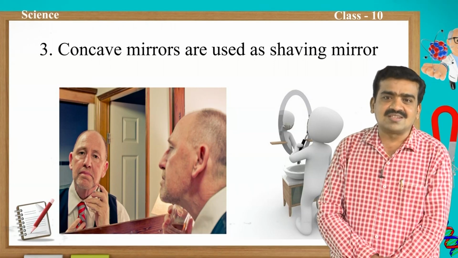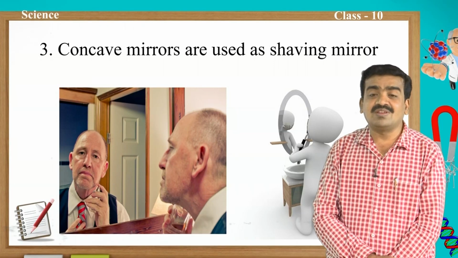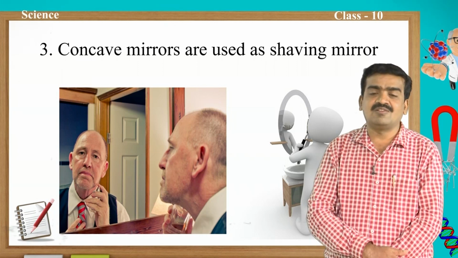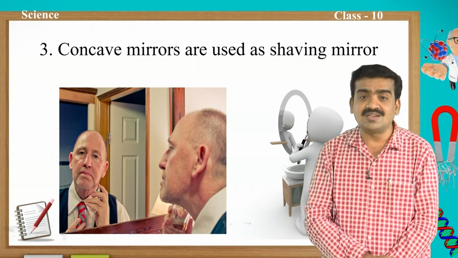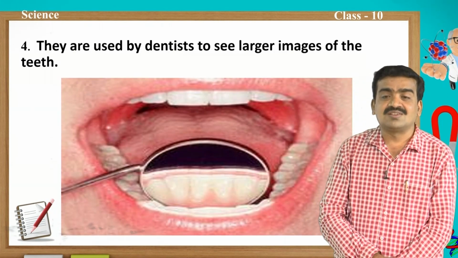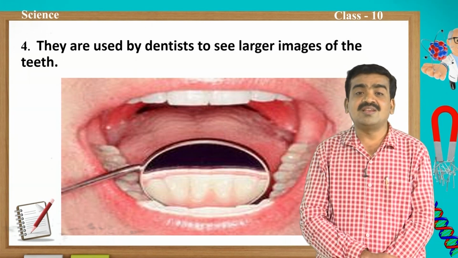These concave mirrors are also used as shaving mirrors, because they give an enlarged image when we place our face nearer to them. Then it is also used by the dentist to see the larger image of the teeth.